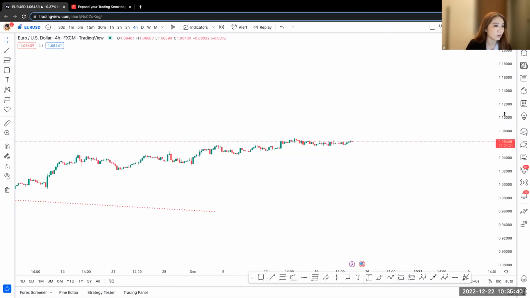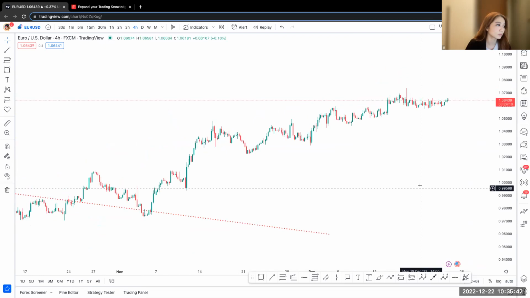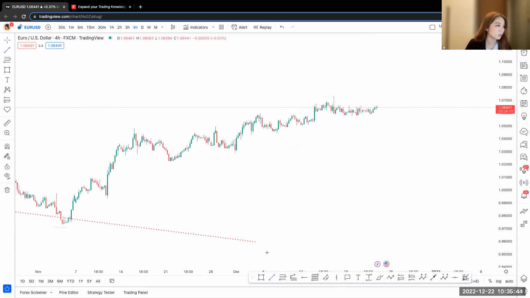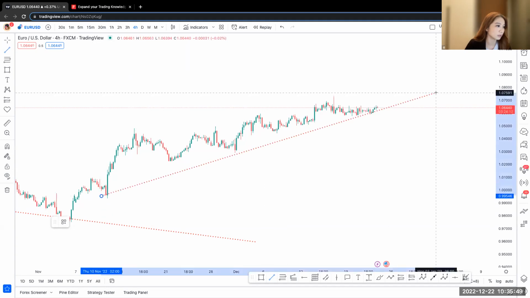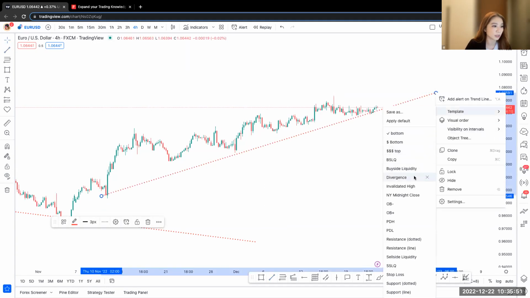Let's look at H4. H4 has a more gradual upward movement. If you guys want to take a look, it's something like this.